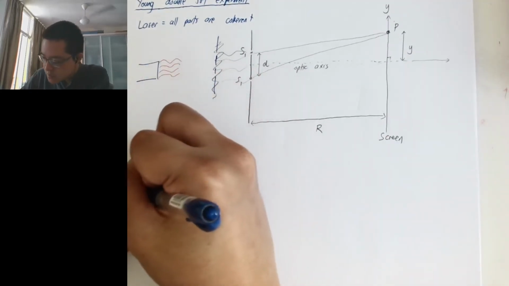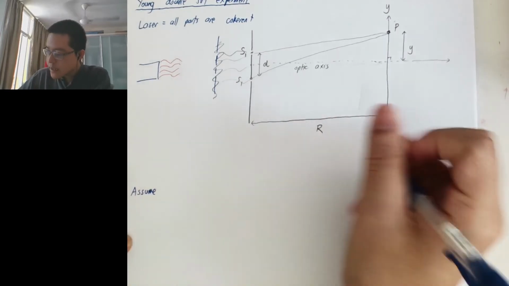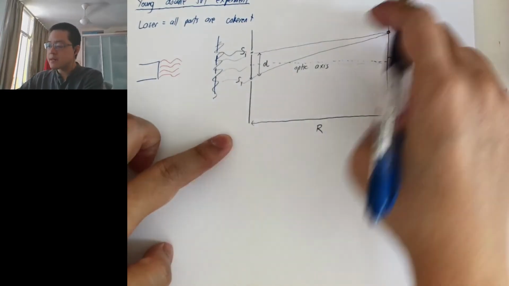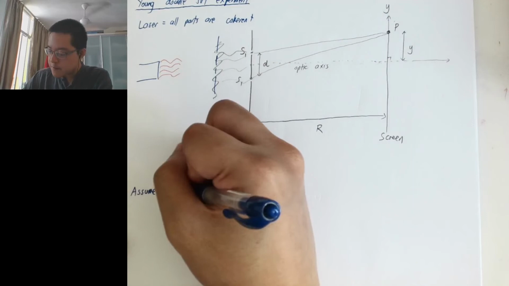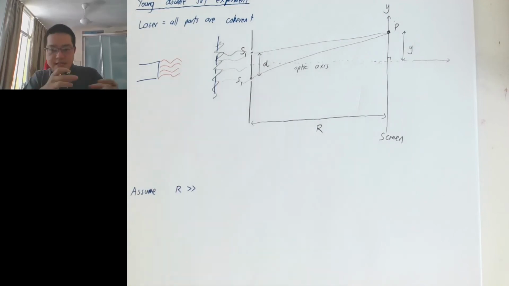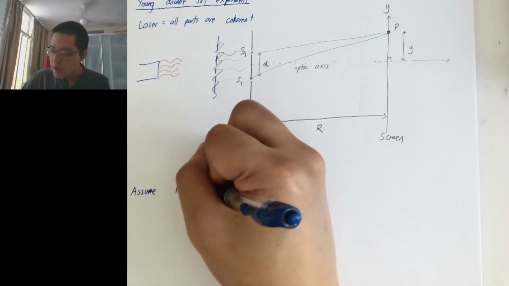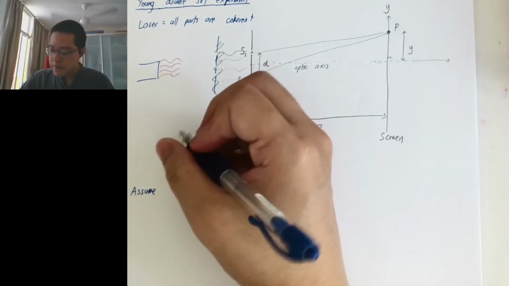We're going to assume that R is very large, that the screen is very far away from the light source. So R is a very large number.